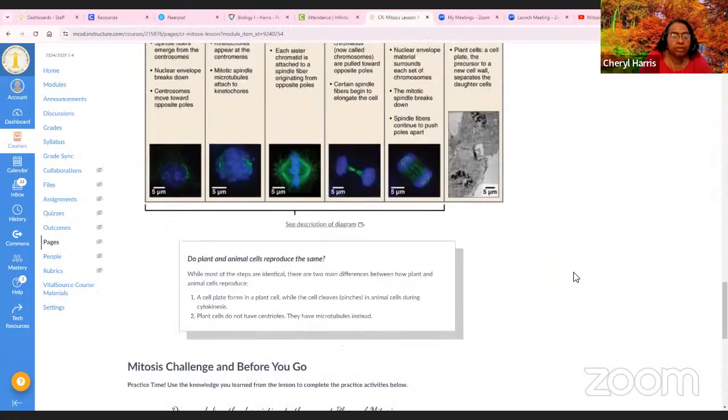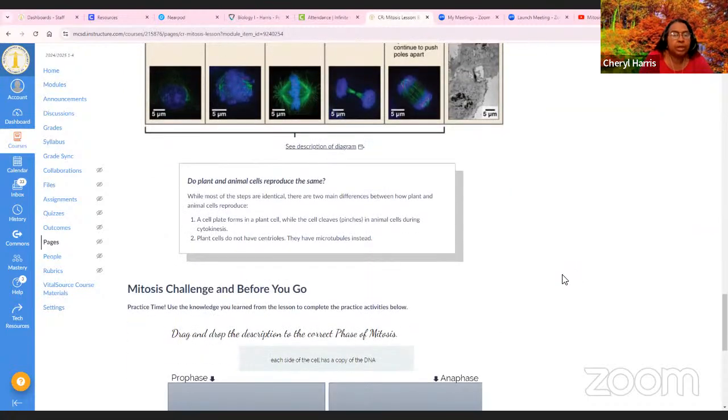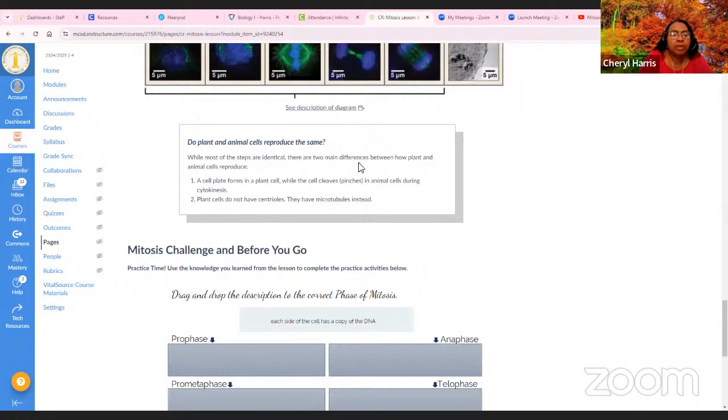All right, so after you've done that, do plant cells reproduce the same? Like I said earlier, the steps for mitosis are the same, except with plant cells, because they have a cell wall. When they get ready to divide in the cytokinesis part, they actually have to create a cell wall plate first that divides the two cells.